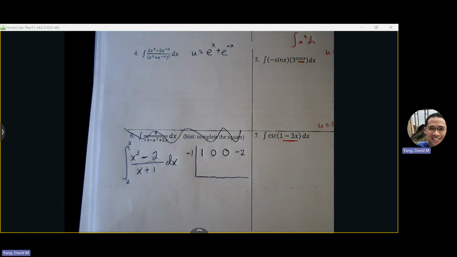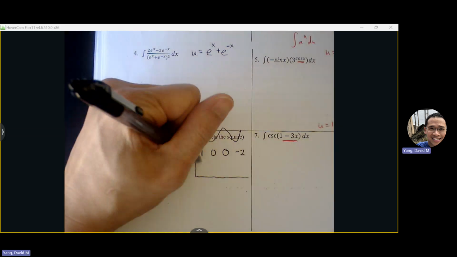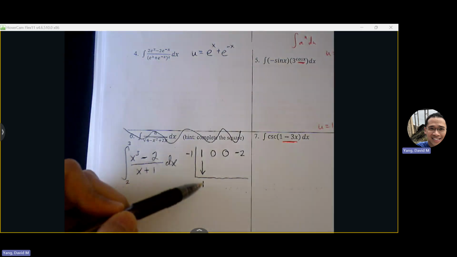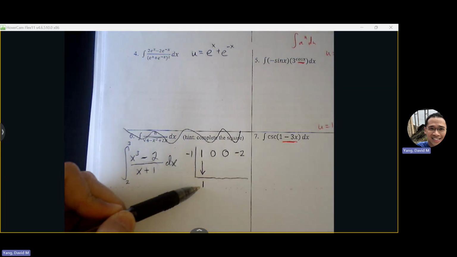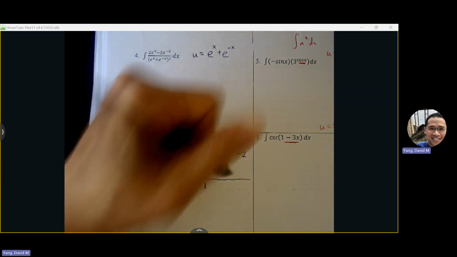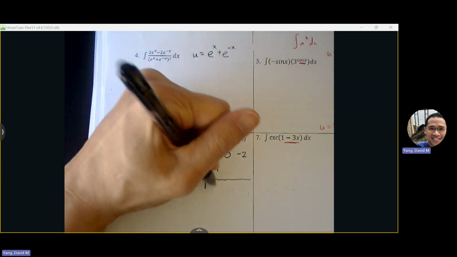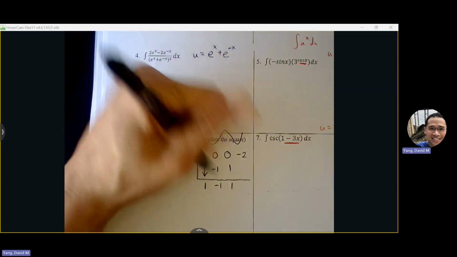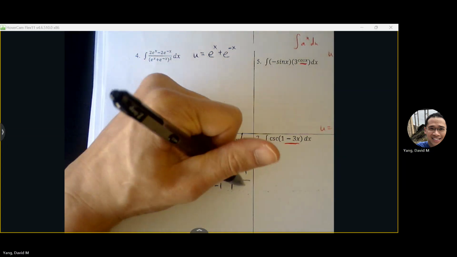So I have 2 zeros that I need to account for. We always drop the first number below the line. If this is a 3, you bring down a 3. If this is a 4, you bring down the 4. In this case, it's a 1, so you're going to bring down the 1. Multiply and add, multiply and add, multiply and add.